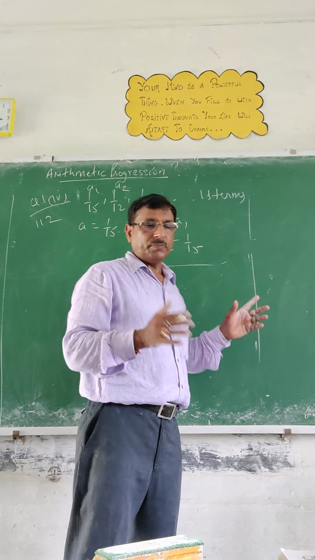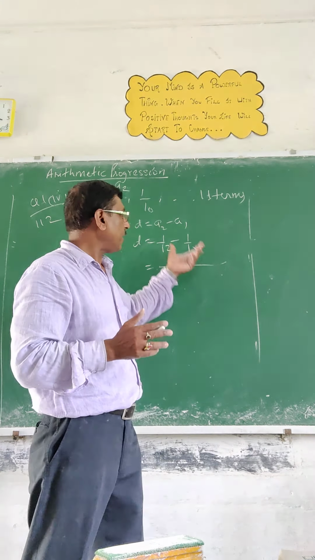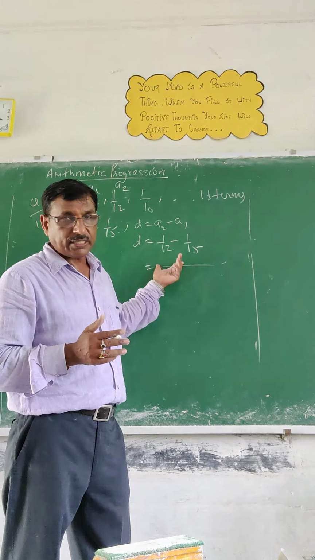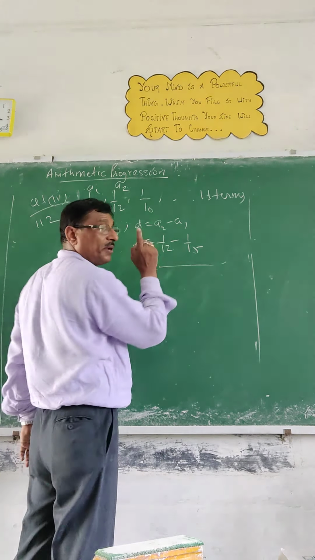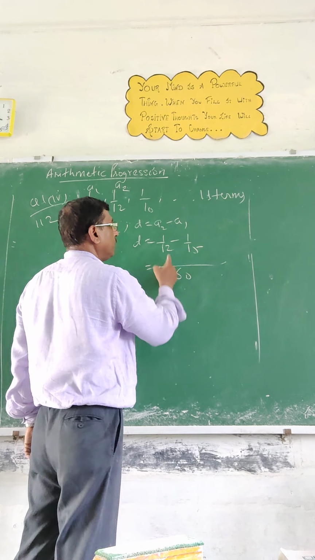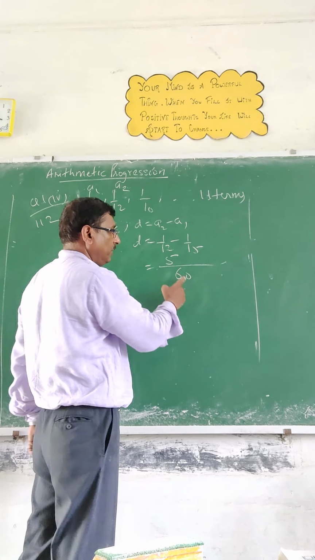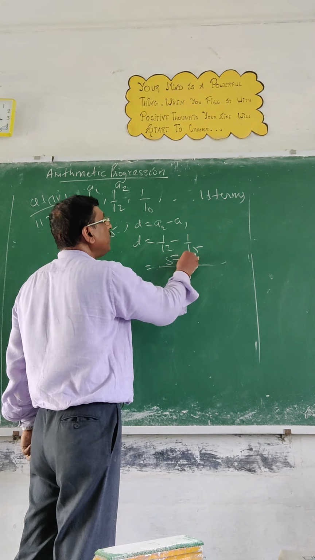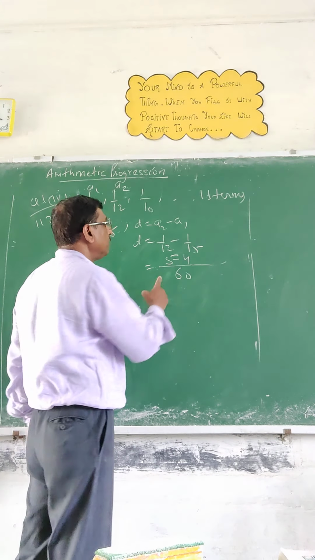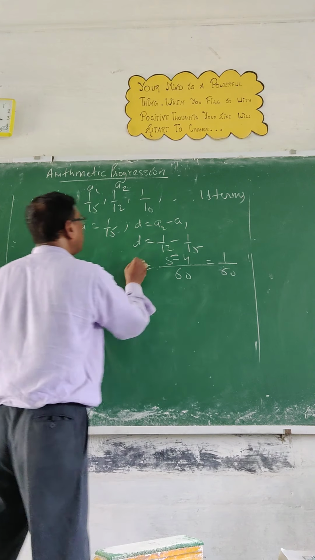Whenever you get some problem, you can always use this method. This method does not fail. Or if you know the simple method, take the LCM of 15 and 12. You know the LCM, that is 60. If you divide 60 by 12, that is 5. Divide 60 by 15, that is 4. With the minus sign, you will get (5 minus 4) upon 60. So what do you get, children? 1 upon 60. You got the d.